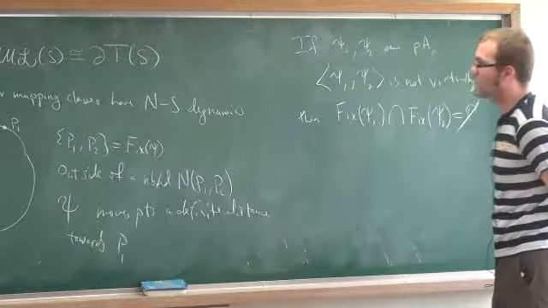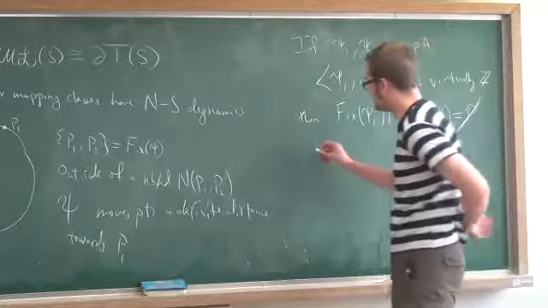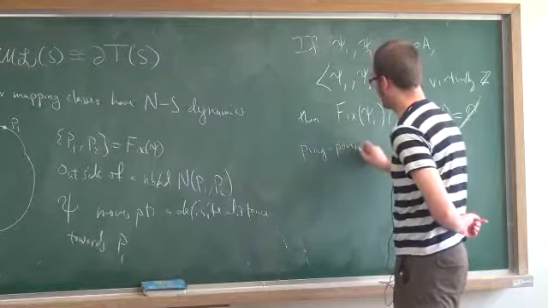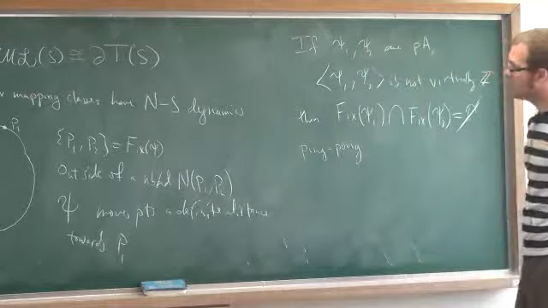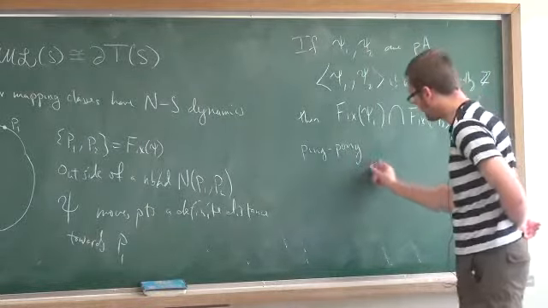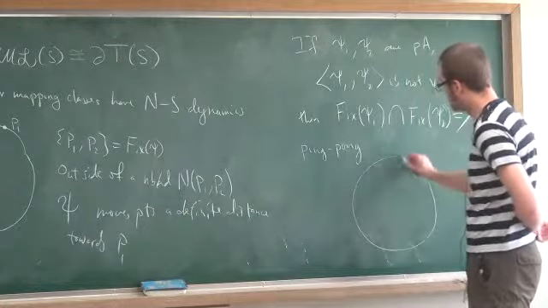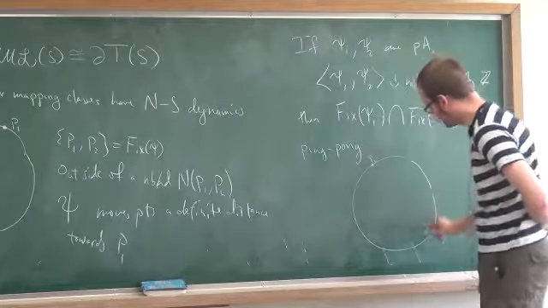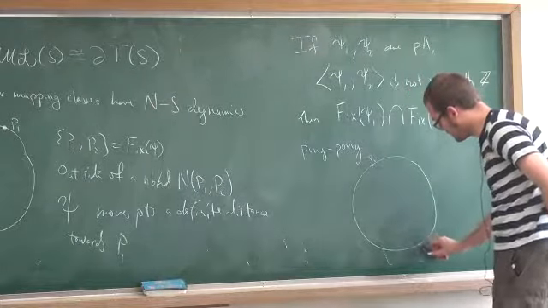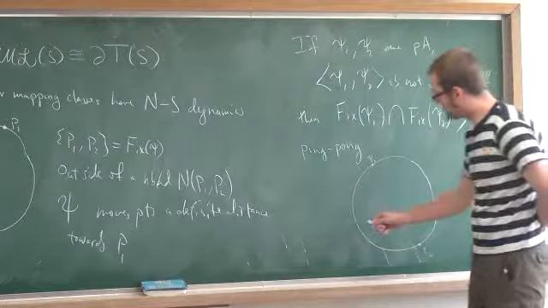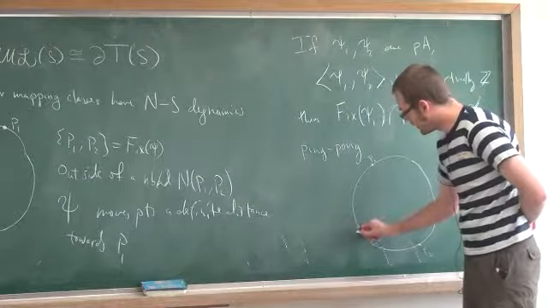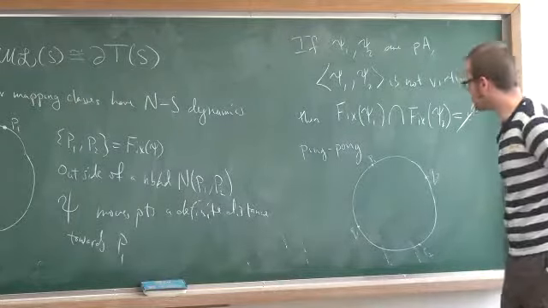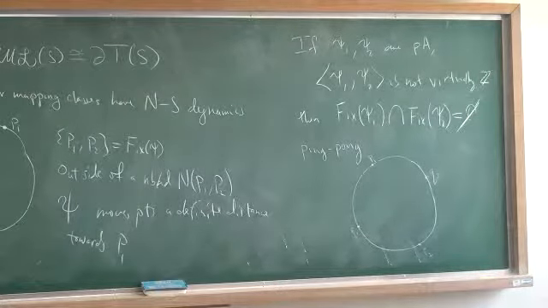And what this allows us to do is play ping pong. So let's say P1 and P2 are the fixed points of psi1, and Q1 and Q2 are the fixed points of psi2.